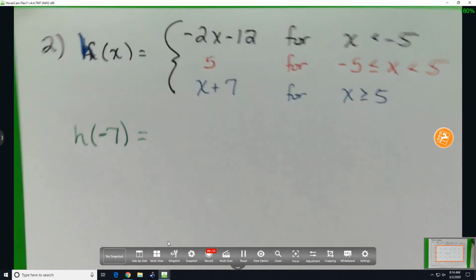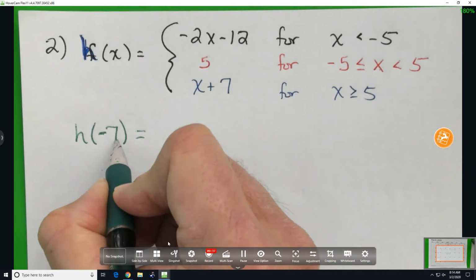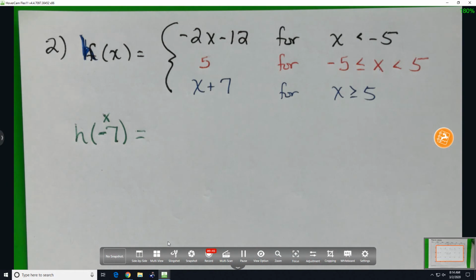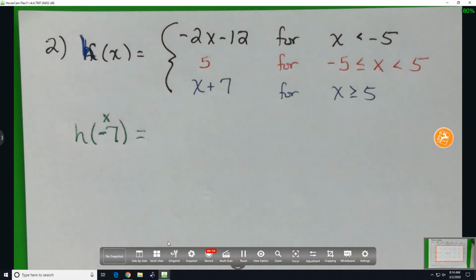So, let's see. The number inside the parentheses, the x, we're going to plug that in for x. But which piece do we plug it into? You're not going to have a black, a red, and a blue answer. You can only have one answer, one y value.